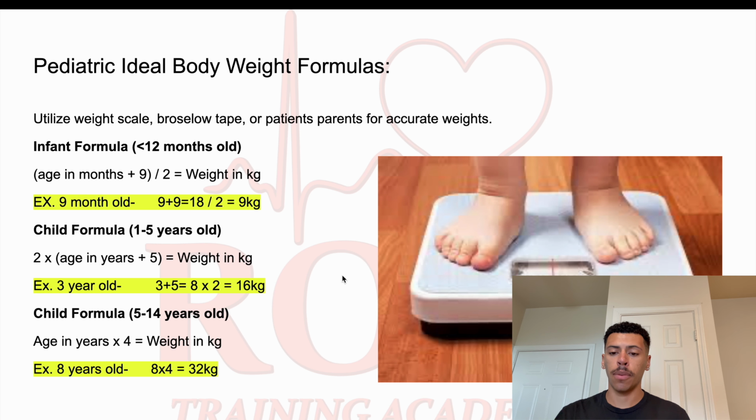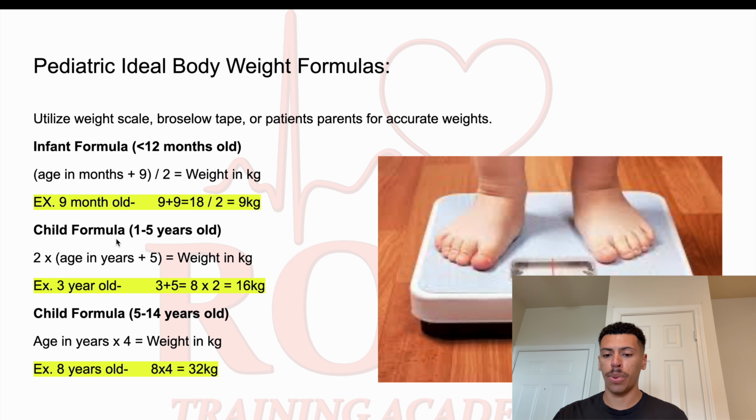And so the infant formula for 12 months and less of age, you're going to do age in months plus 9 divided by 2, and that'll get their ideal weight in kilograms. So a 9-month-old, 9 plus 9 is 18, divided by 2 is 9, and so that'll get you about 9 kilograms, or that patient's ideal body weight.